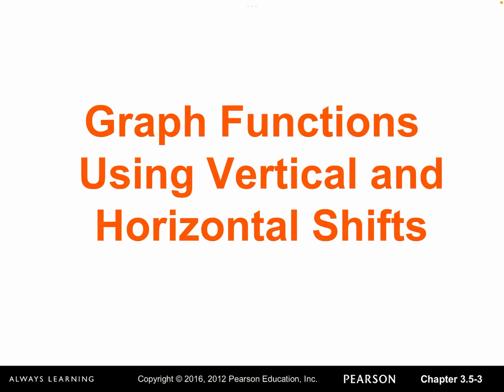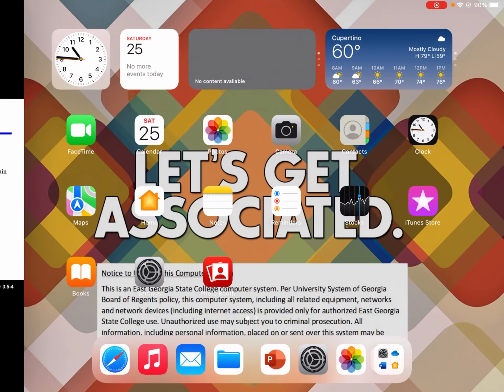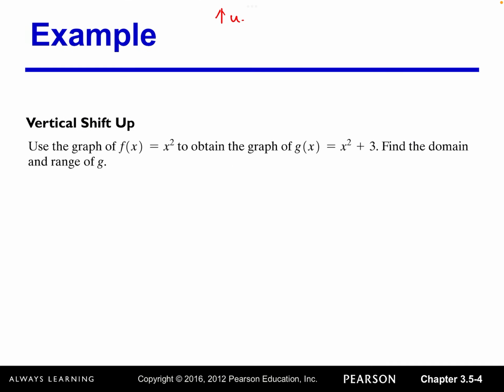So first we look at shifts. When we talk about a shift, there are 4 different directions we can shift. One is shifting up or shifting down, and that's in the vertical direction.